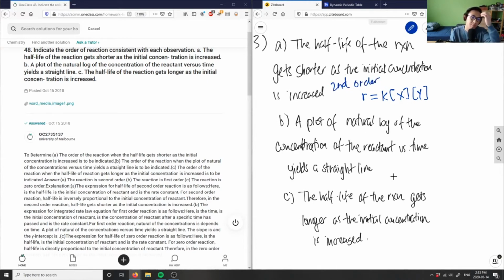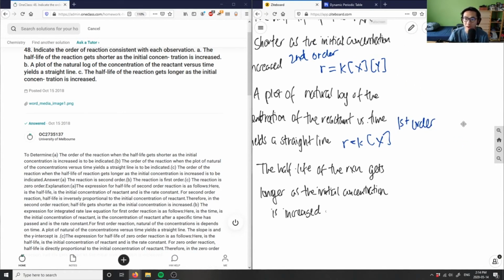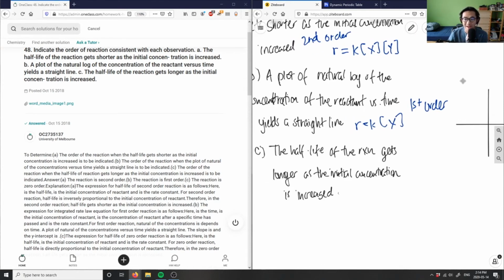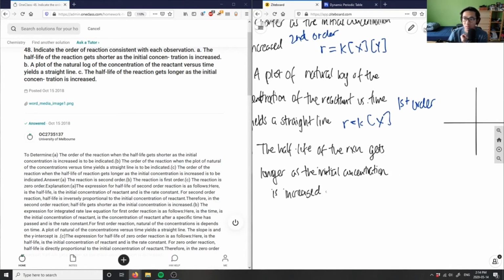B here is asking us: a plot of natural logarithm of the concentration of the product versus time yields a straight line. If it yields a straight line, it means it's linear, right? So therefore, the rate would equal X here, and this would be first order. So this is first order, and we can actually do a graph here, just a small plot.